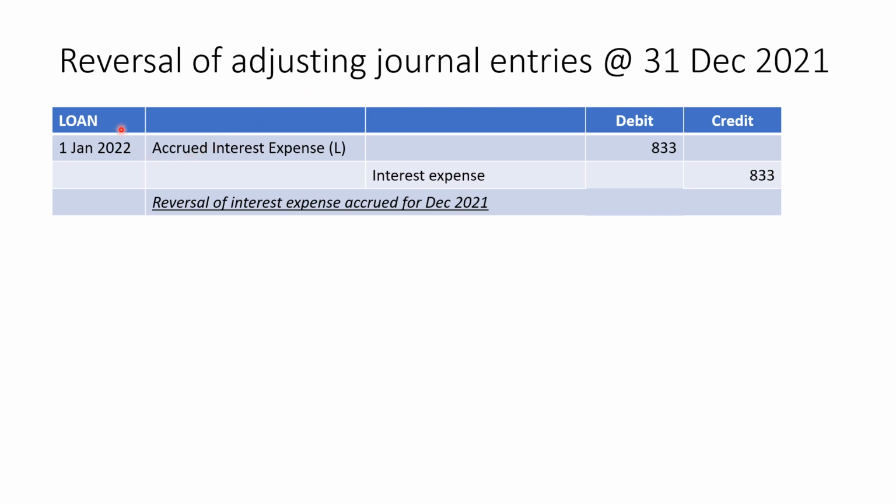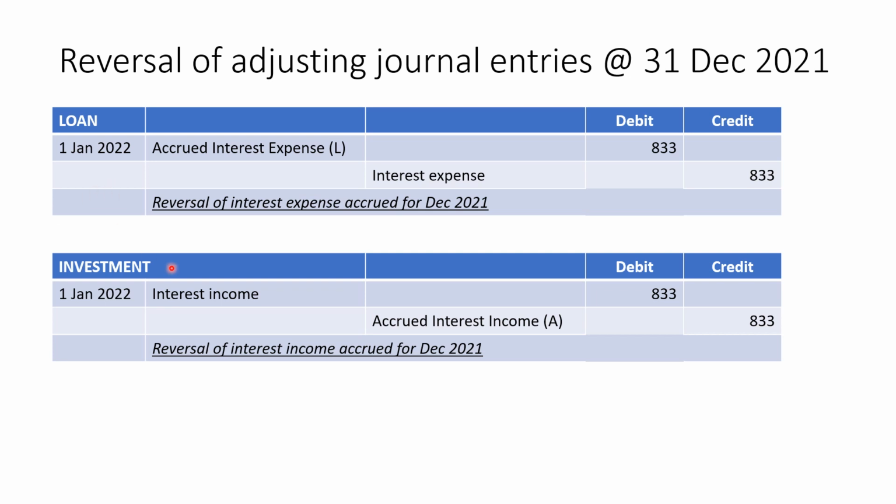So what we're going to do for the loan, remember the accrued interest expense liability had a credit balance. Now I'm reducing the balance, I'm taking it away, and I'm crediting that 833 Rand to the interest expense. So that is December 2021's expense that's now being credited to the interest expense account for 2022.